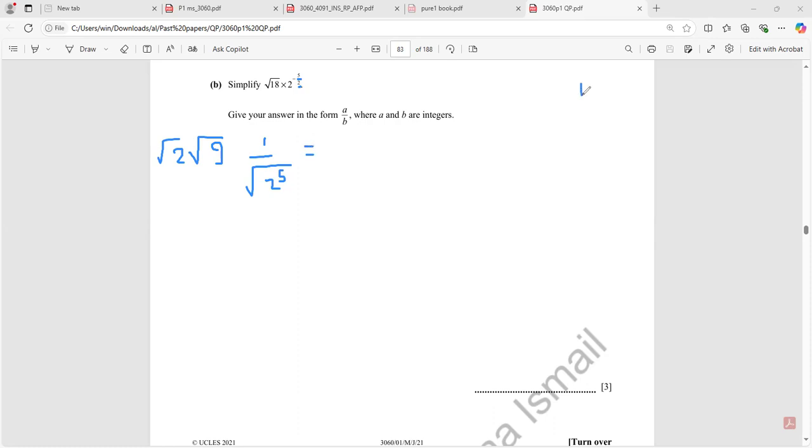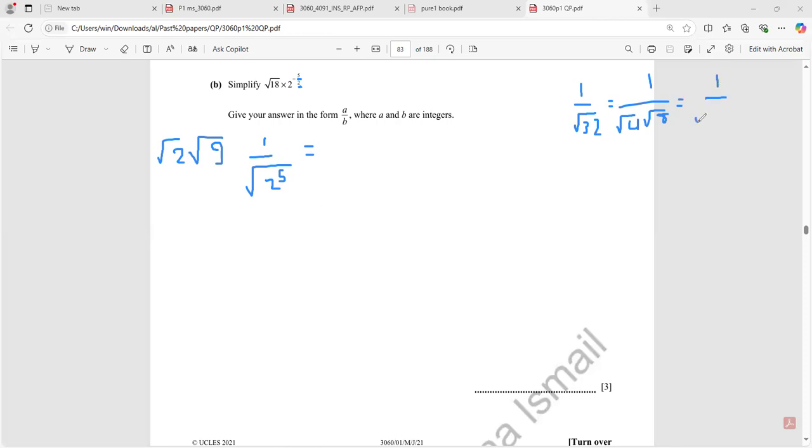Let's make it here 1 over root 32. Root 32, we have to reduce it. So we have 32, which is 4 times 8, which will be root 4 multiplied by root 8. And root 8, we can reduce it to root 4 times 2.